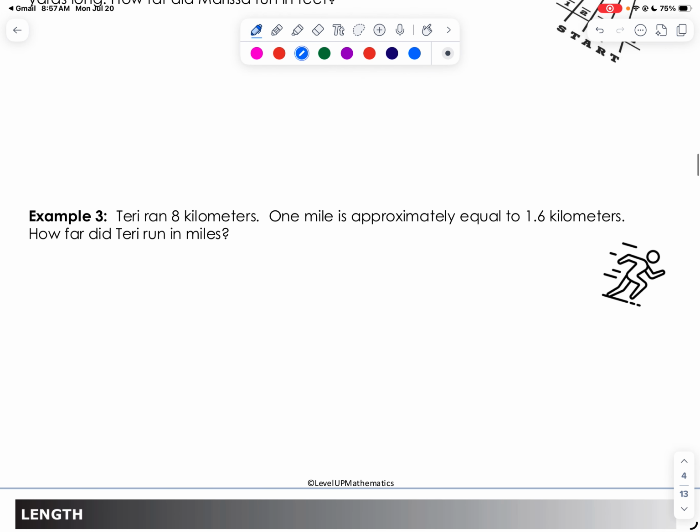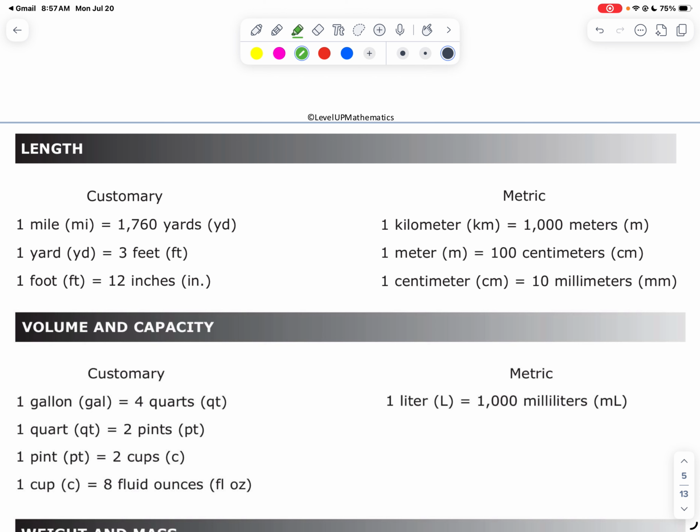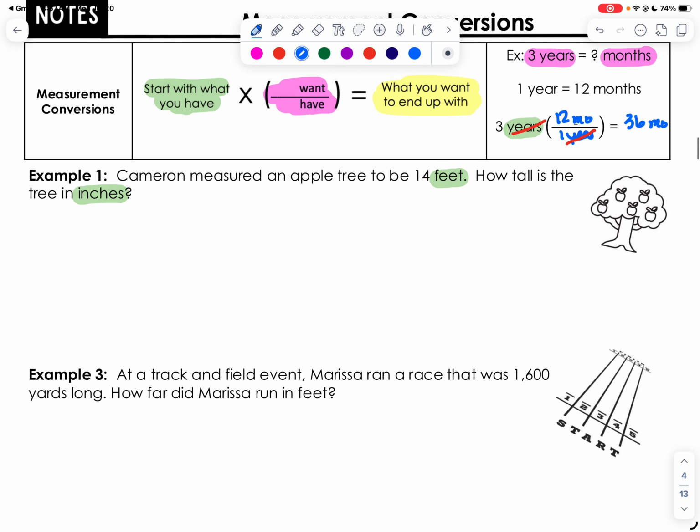So looking at my formula chart, I want to go from feet to inches. So I would use this unit rate here. 1 foot is equal to 12 inches. So let me go back and write down my unit rate, which was 1 foot is equivalent to 12 inches. So that's where you always start.